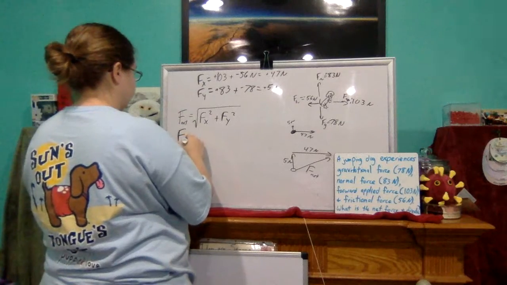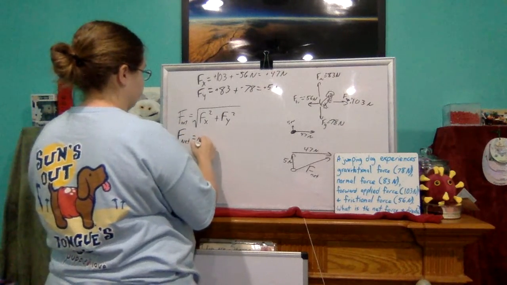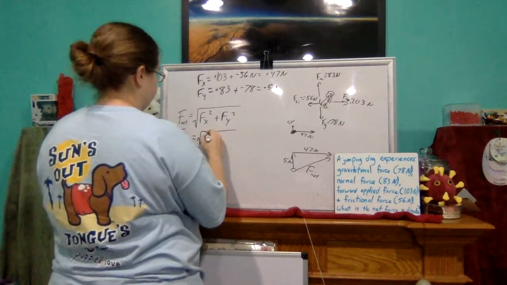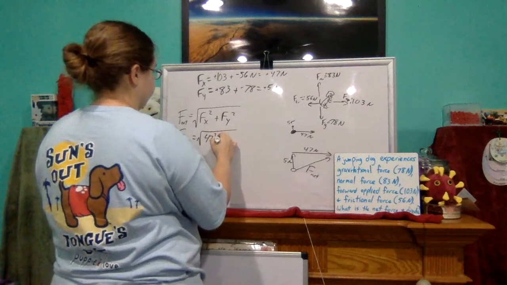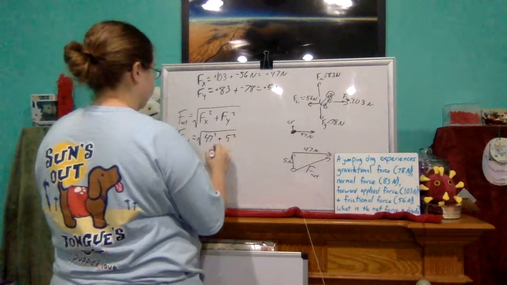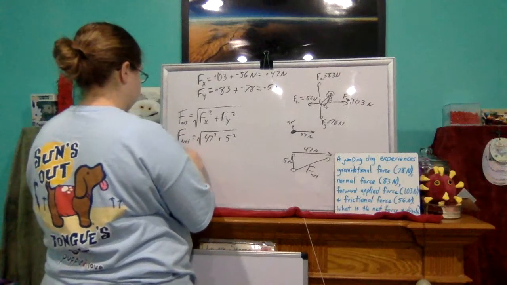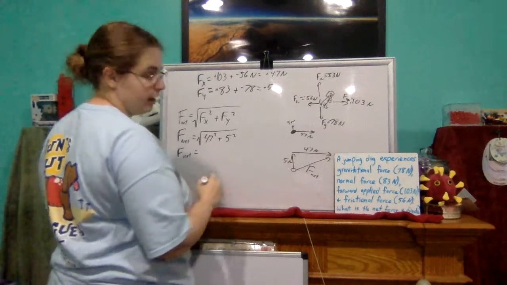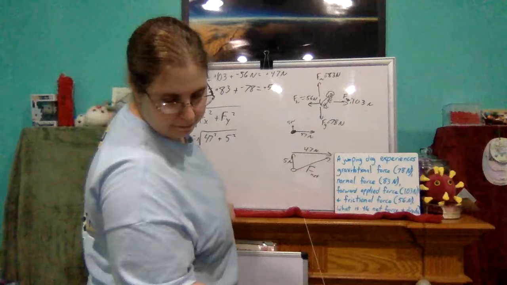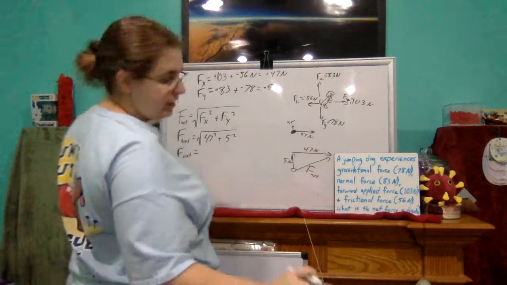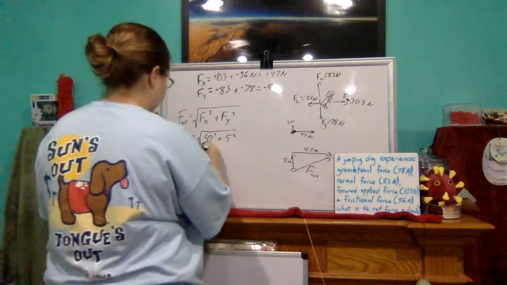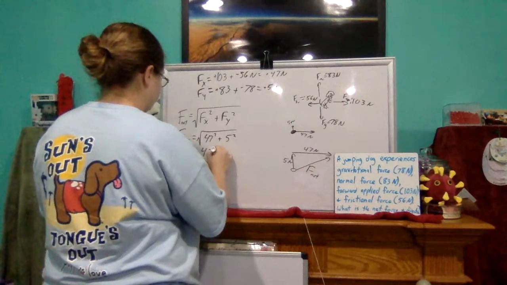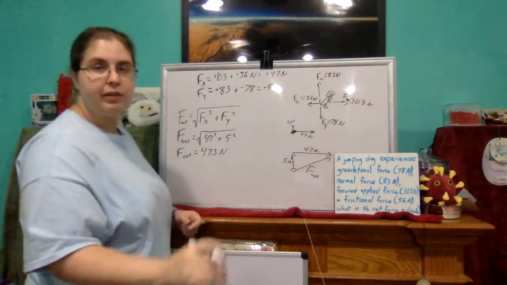So force net equals the square root of 47 squared plus 5 squared, and that gives us a net force of 47.3 newtons. So now we've got our net force.